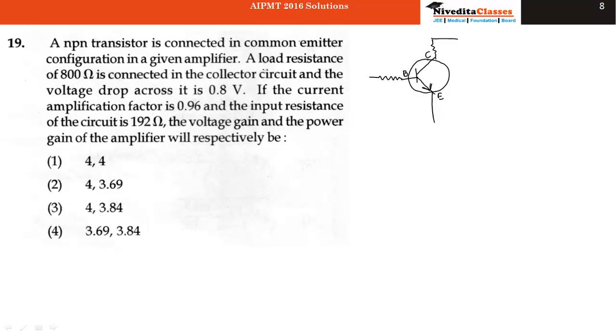Here the load resistance, that is collector resistance RC, is 800 ohm, and the voltage drop in collector ends, we can say Vc, is equal to 0.8 volt.